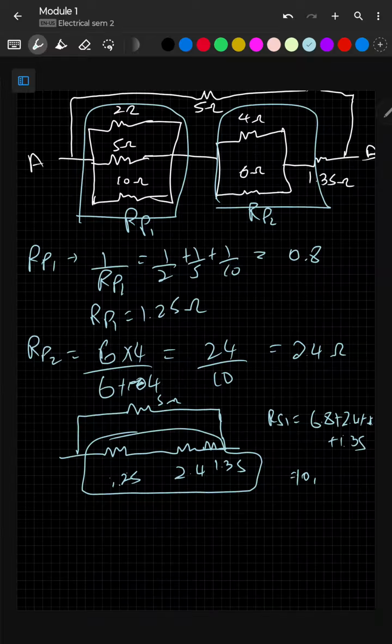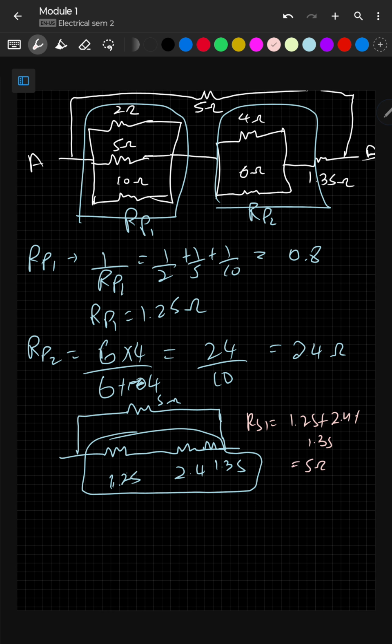Where did 6.8 even come from? My bad, guys. RS1 equals 1.25 plus 2.4 plus 1.35. That will give you 5 ohm.